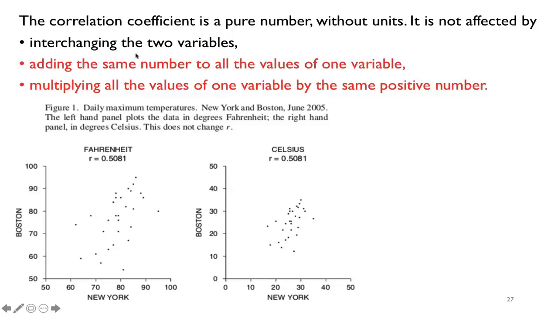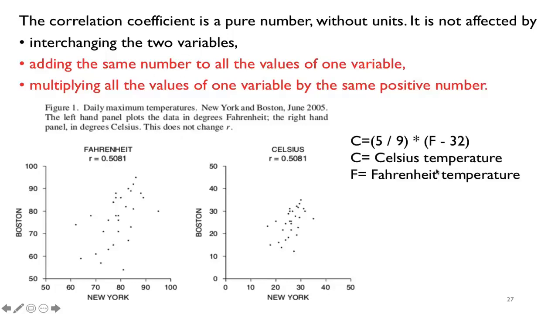And so this result is very important. The idea is that if I convert my data set from Fahrenheit to Celsius, I'm actually performing these operations. In fact, here's the conversion. To convert from Fahrenheit to Celsius, I first subtract 32. Based on the second condition, if I subtract or add a number, that doesn't change my correlation coefficient.